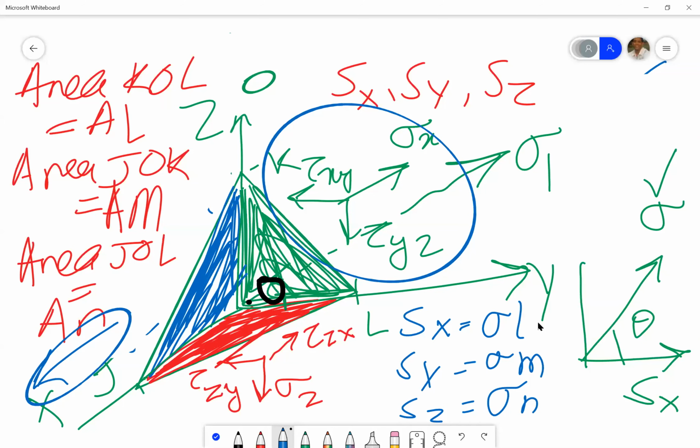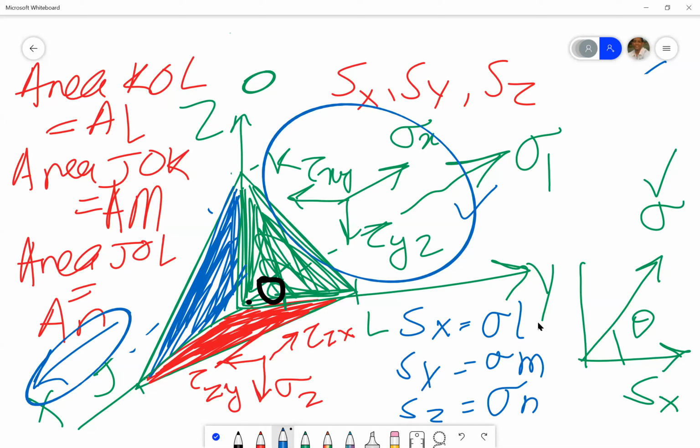See this, the blue line circle. Now you can see these are the total stresses in the X plane. These are the total amount of stresses in X plane.